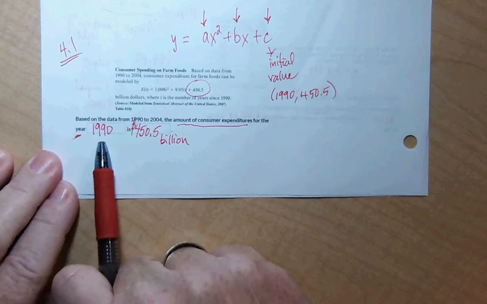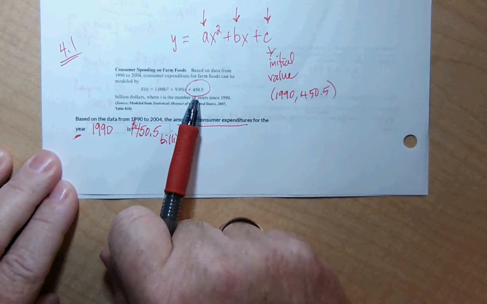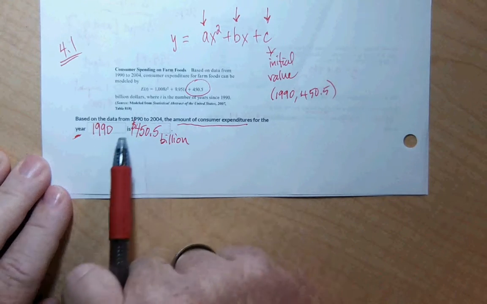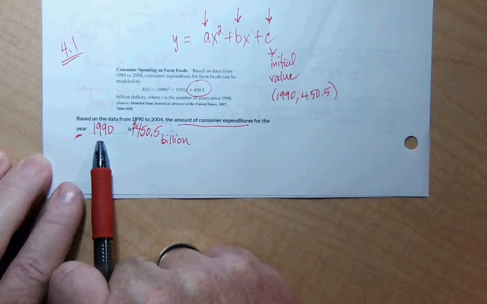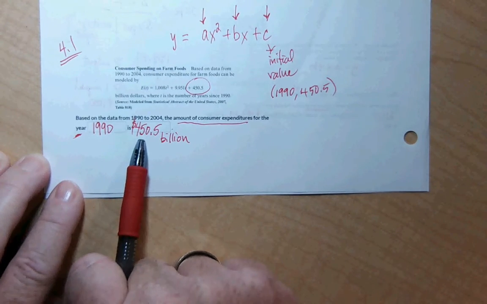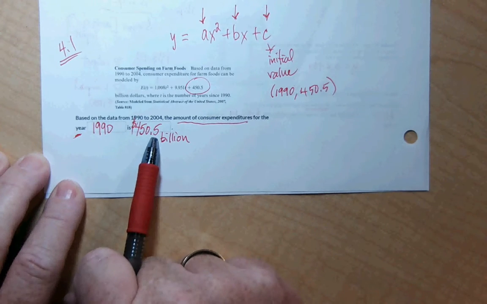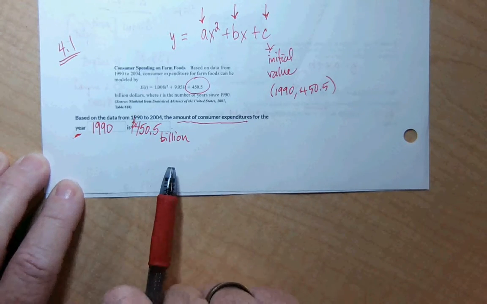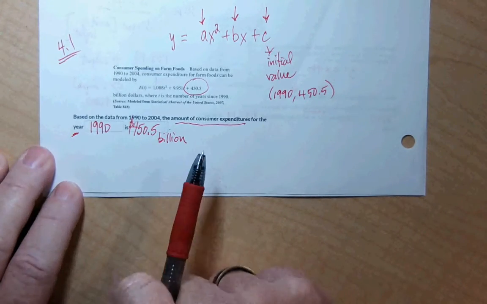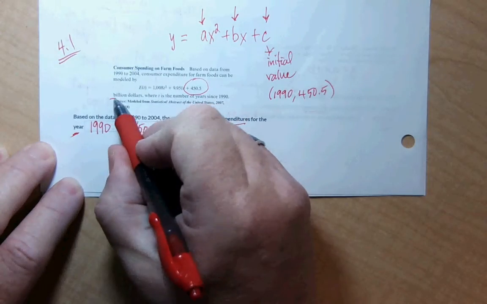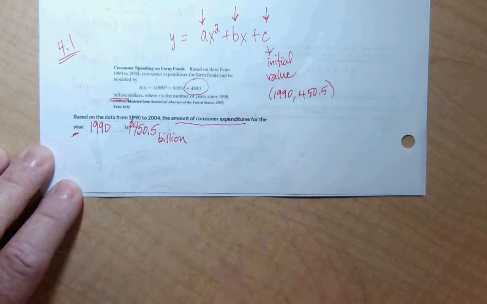From that number alone you have the initial value in the initial year. So the initial year, you're going to have $450.5 billion. We had several people who forgot the billion, but that's listed right here in the problem. So watch for those things.